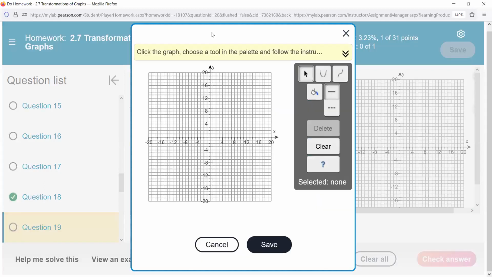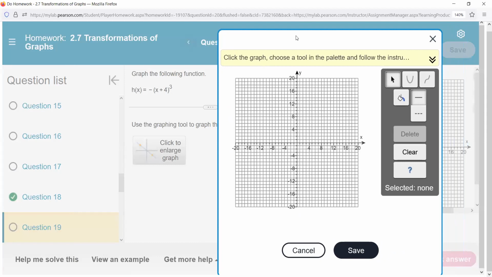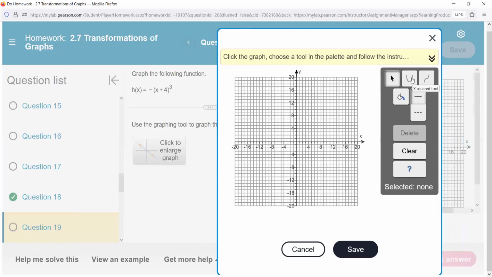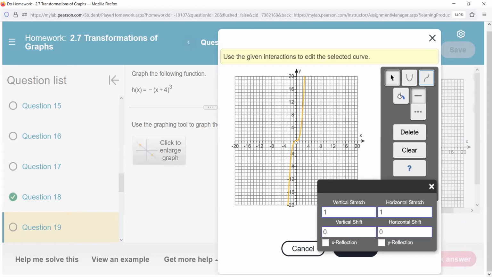Now this one, we have the opposite of x plus 4 raised to the third power. So that's going to be the cubing function, x raised to the third power, reflected across the x-axis and shifted 4 units to the left.